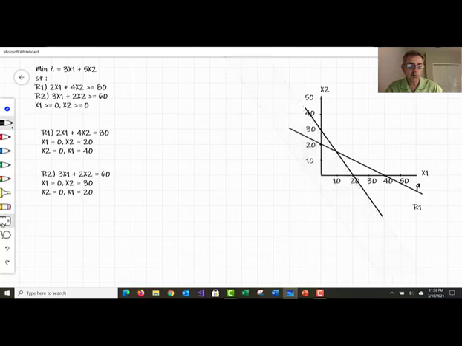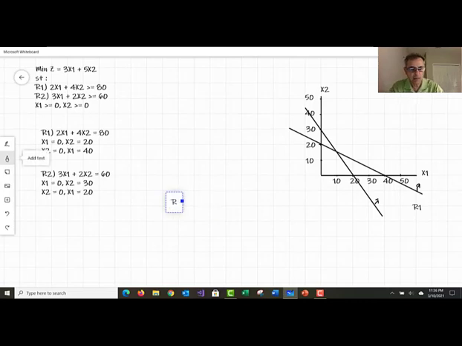Once again, we have to identify which side of the line constitutes the feasible region. Again, if we take 0 and 0 and substitute it into this inequality, we notice that the origin does not satisfy the inequality, therefore the lower part is infeasible and the upper part is the feasible part. So we'll make a little arrow like so to signify that is the feasible portion, and I'm going to label this line as R2.